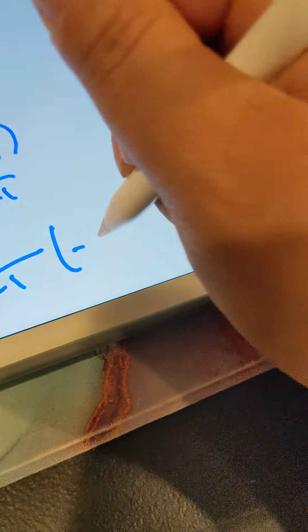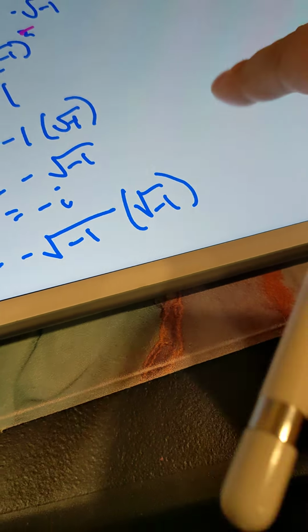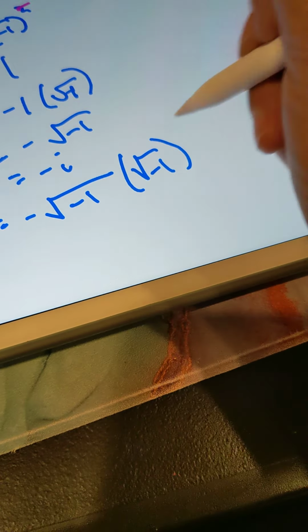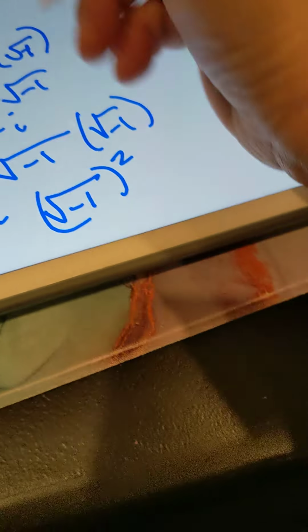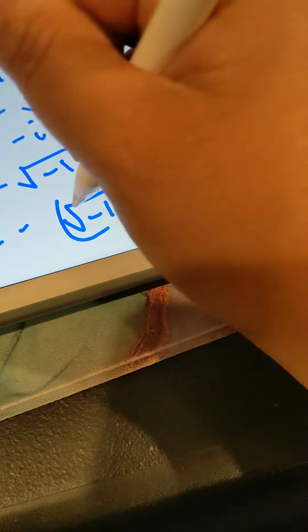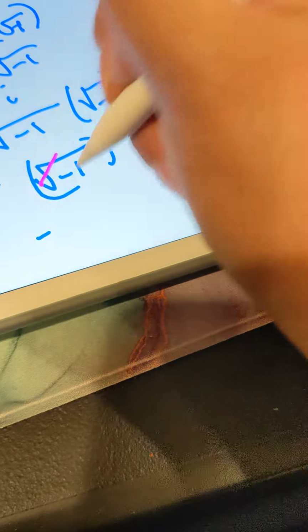Let's back up: same thing as negative square root of -1 times the square root of -1. Again, these become negative square root of -1 squared. These cancel, so we are left with -1, which is the same thing as 1.